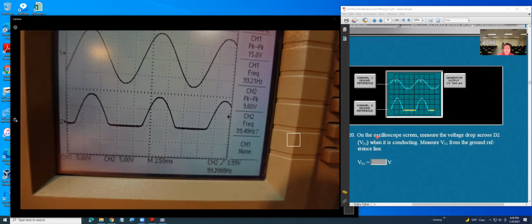Okay, observe on the scope screen and measure the voltage drop across D2 when it's conducting. Measure the VD2 from the ground reference. So what answer are you supposed to get? You mean like 0 or something?